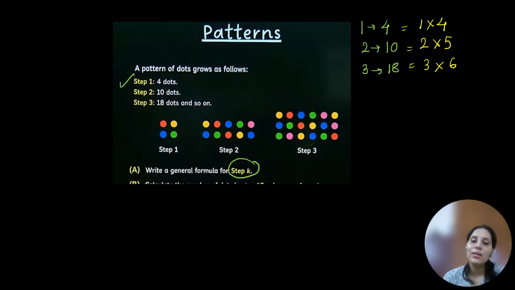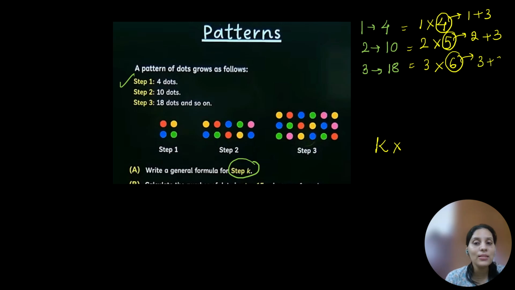Yes. So to write the general formula, k into, now this second value, how am I getting the second value? 4 is nothing but 1 plus 3. 5 is nothing but 2 plus 3. 6 is nothing but 3 plus 3.